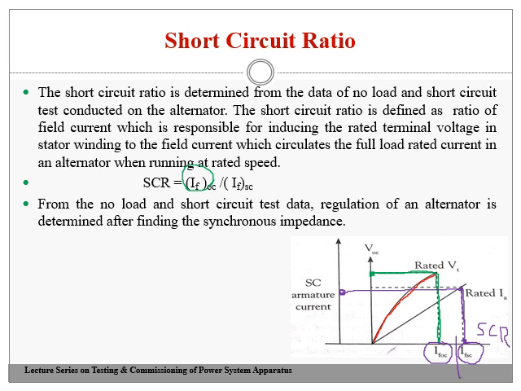This is the definition of SCR, as well as how one can find out the value of the short circuit ratio for an alternator by knowing the parameters or test results of OCC as well as SCC. That's why the OCC and the SCC tests are important testing methods for alternators. This is about the two tests and determination of the SCR.